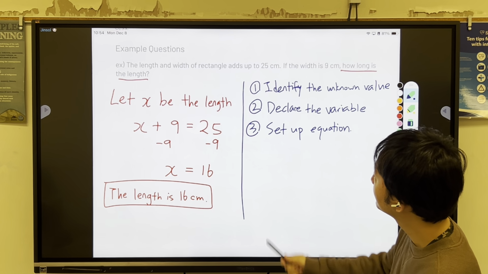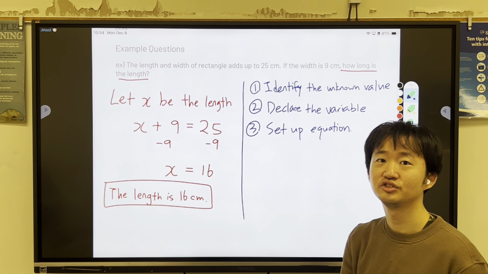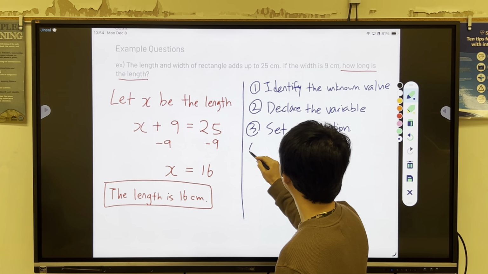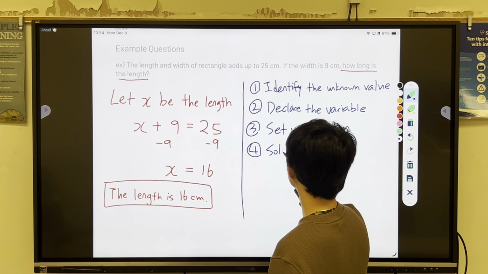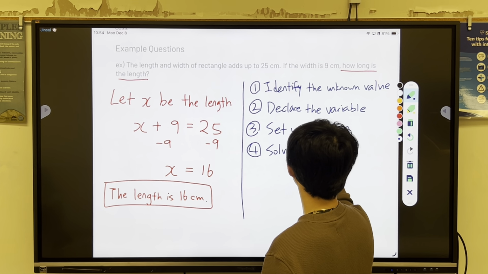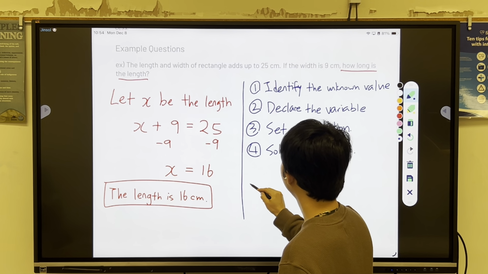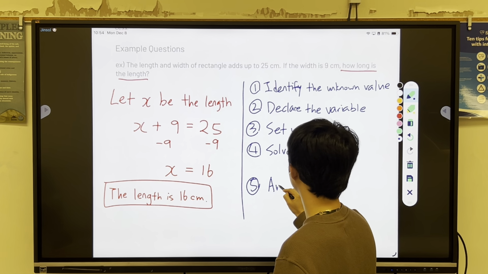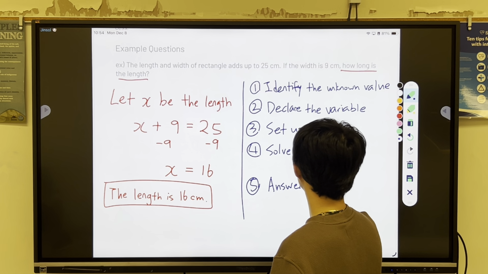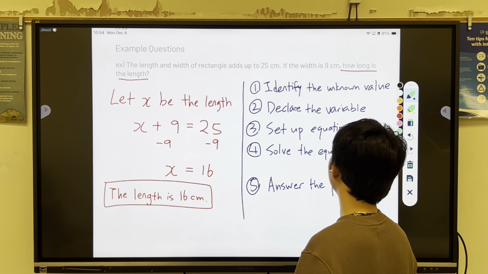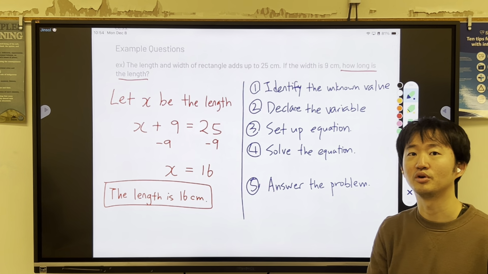We set up the equation by translating the English words and sentence into a mathematical expression. Then we solve the equation, and number 5, answer the problem.